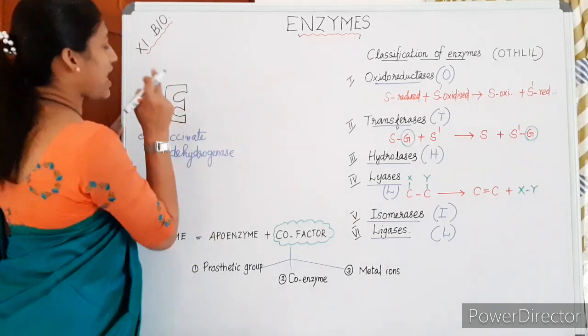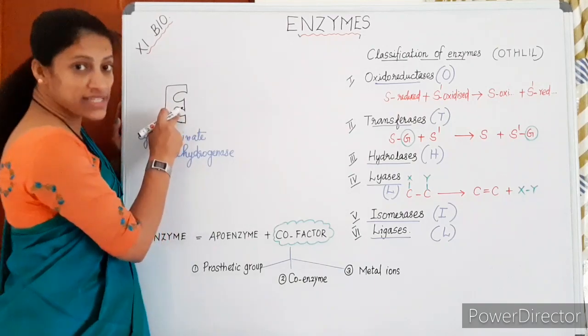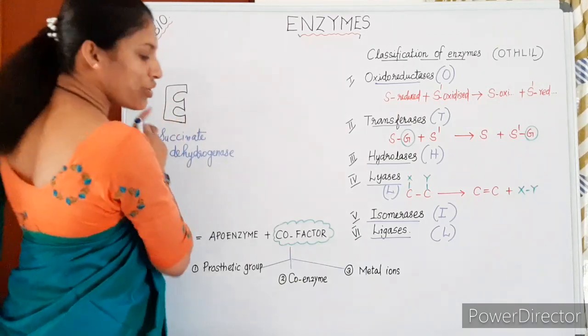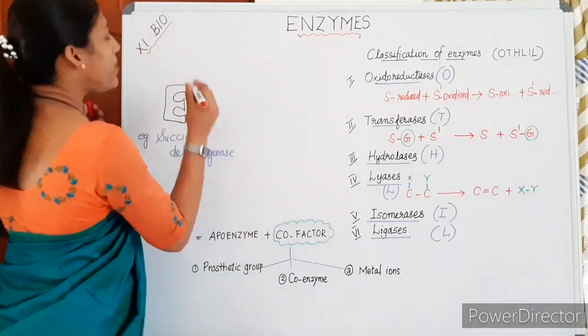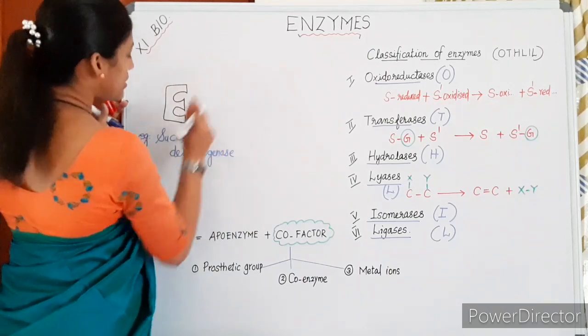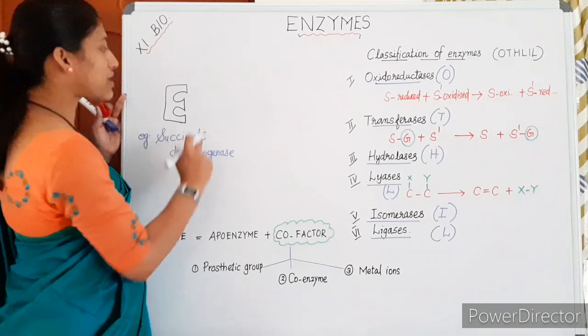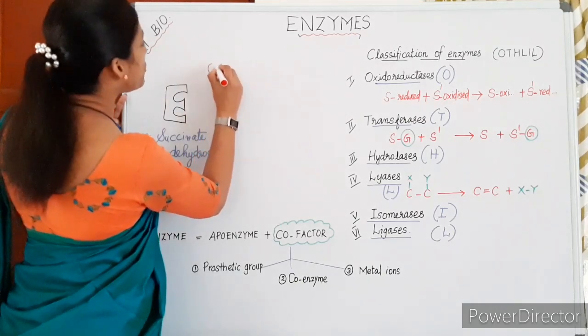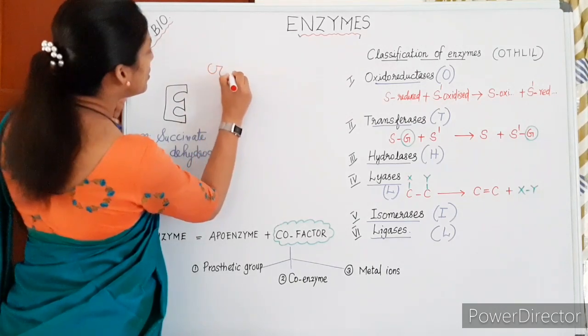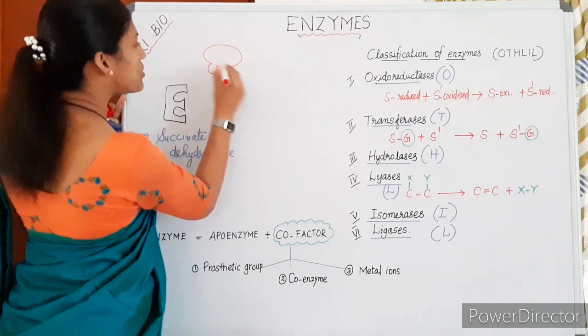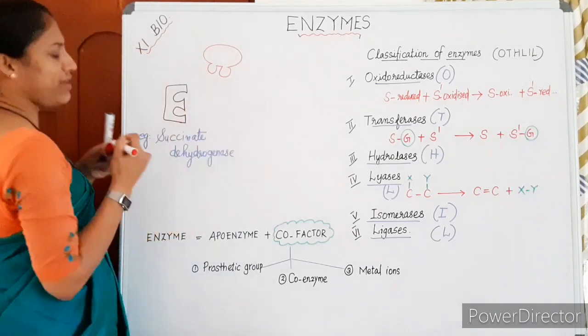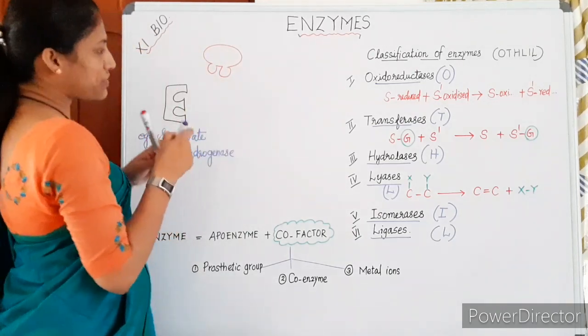This enzyme has a specially designed active site. Its normal substrate is succinate. Suppose I am just drawing it like this, so that it correctly fits here. So what is this substance?